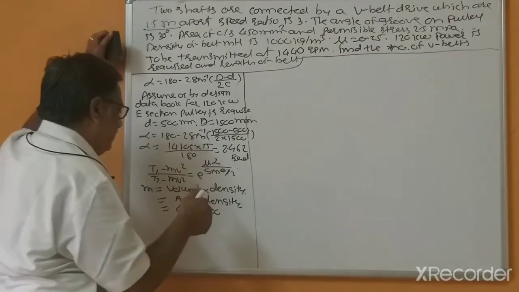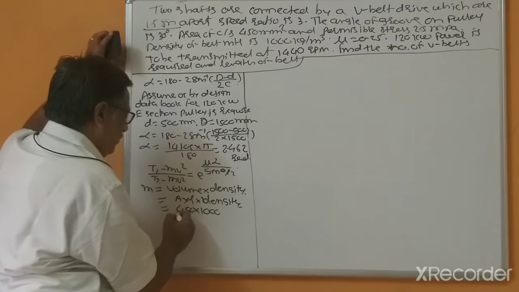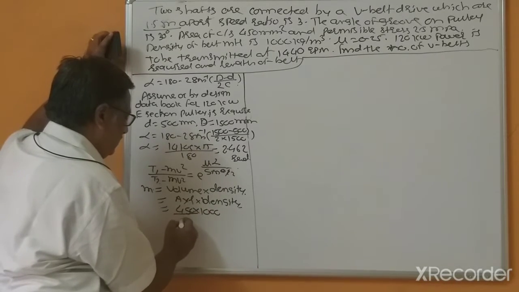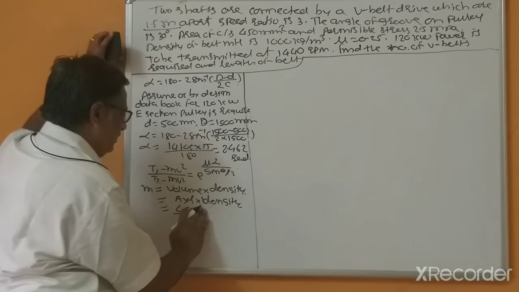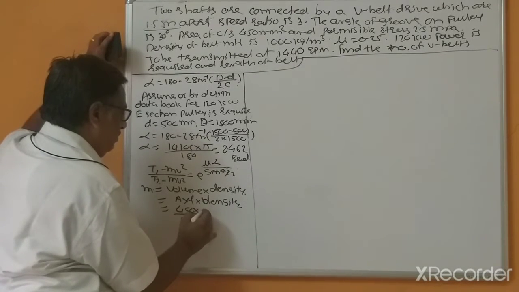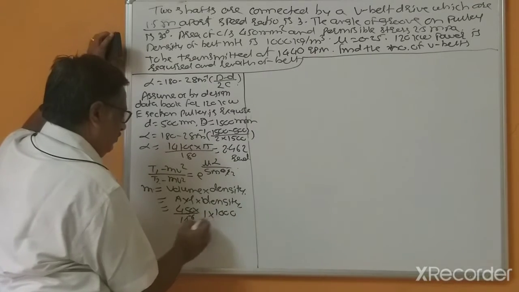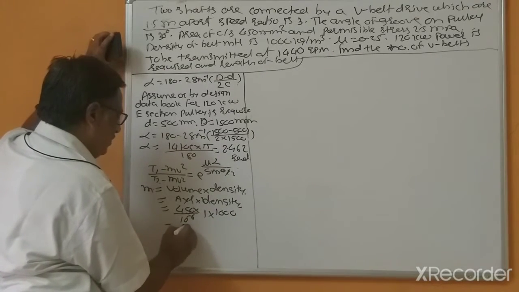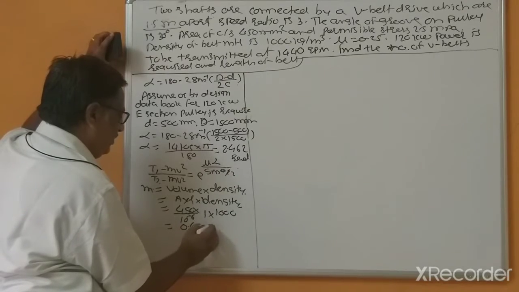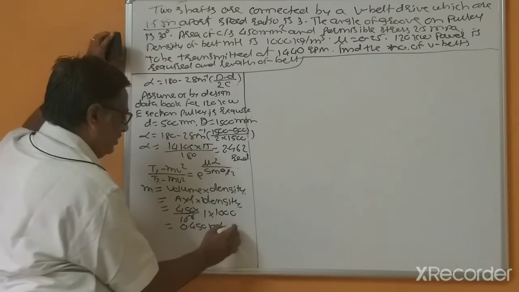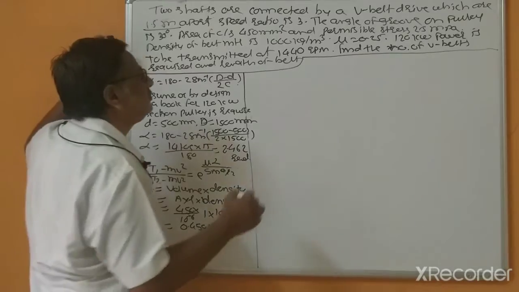So this is 450 multiplied by 10 to the power minus 6, multiplied by 1, into 1000. So this is equal to 0.45 kg per meter.